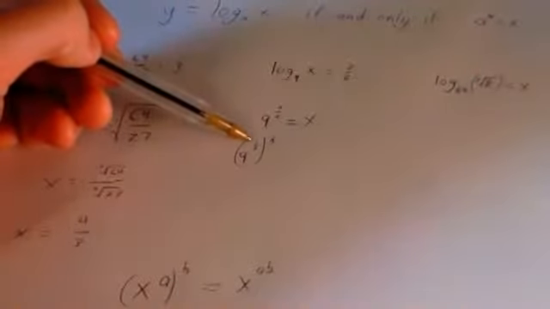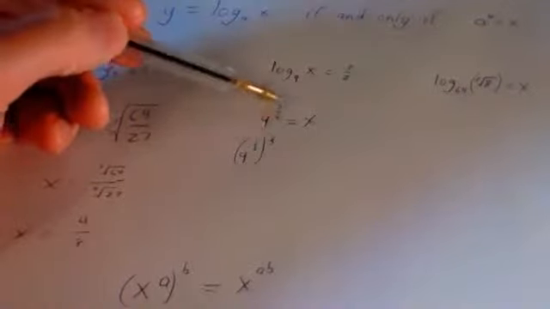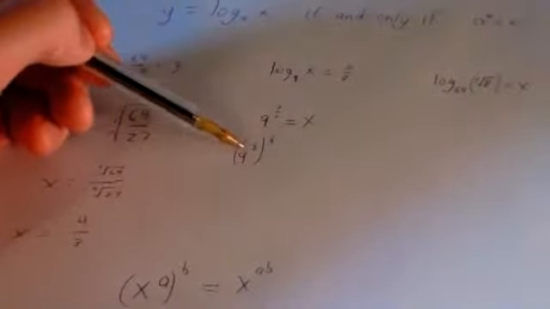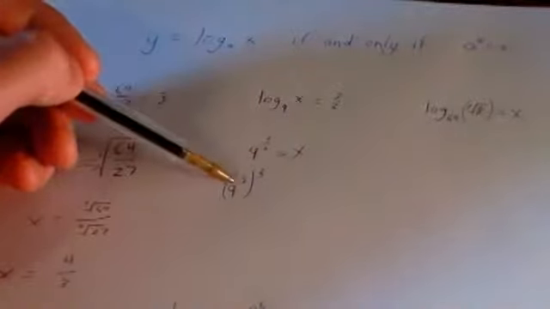Now in this case, we have 1/2 as our a and 3 as our b. So 9 to the 1/2 to the third is the same as 9 to the 3/2.